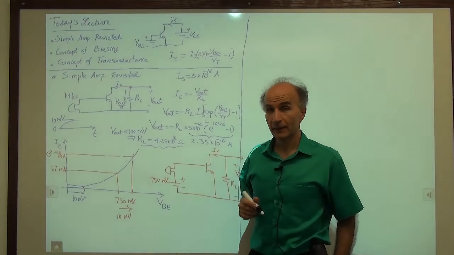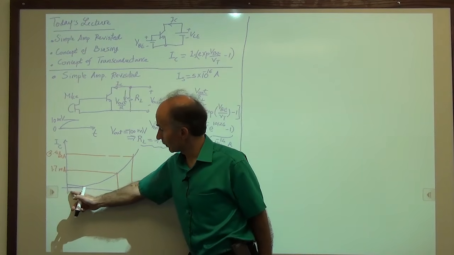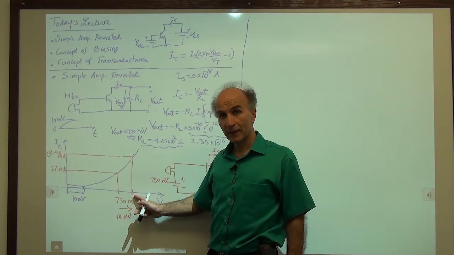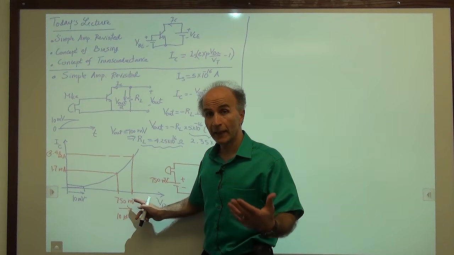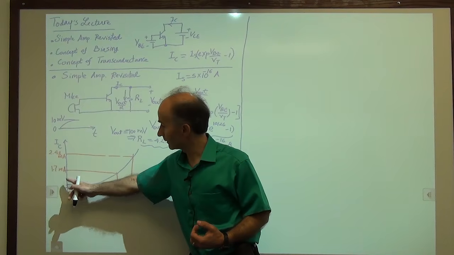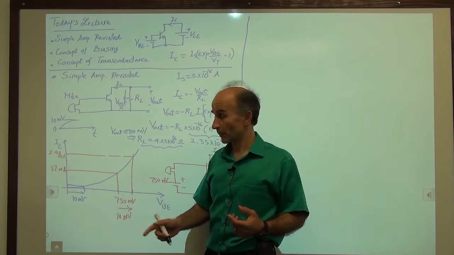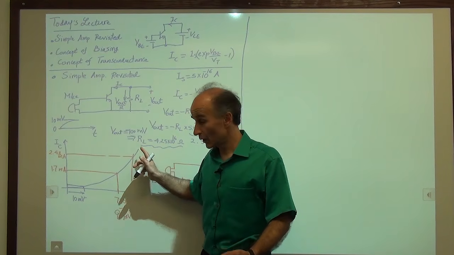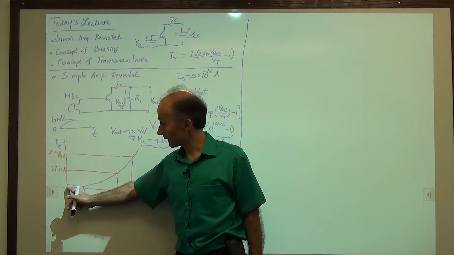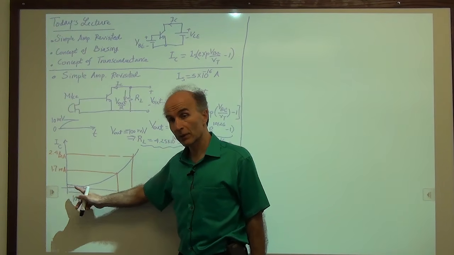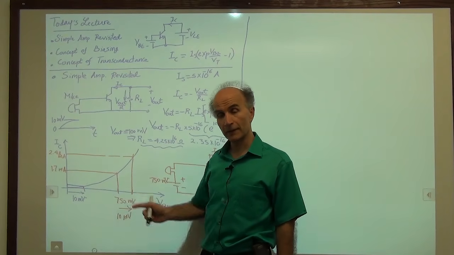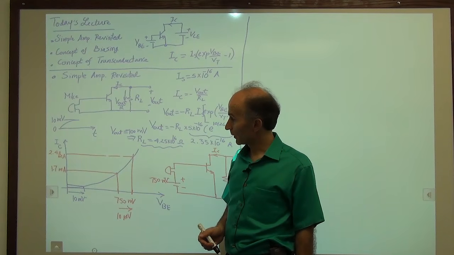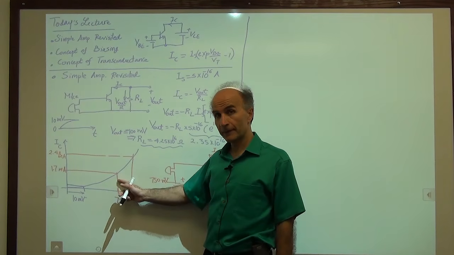Is it expected that this 10 millivolt increment and this 10 millivolt increment give us different increments in the current? Yes, because this is not a straight line. It's an exponential function. So the increment in current here is much smaller than the increment in current here. All right, so is this situation better?